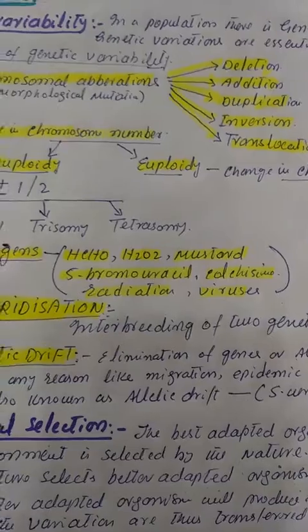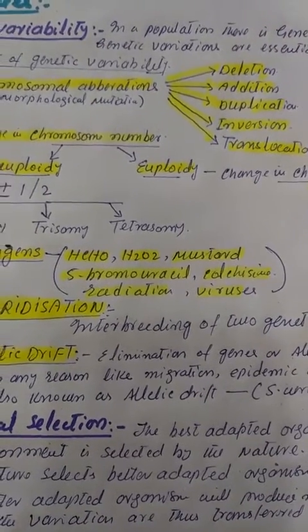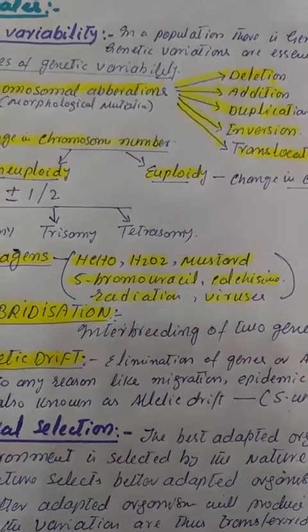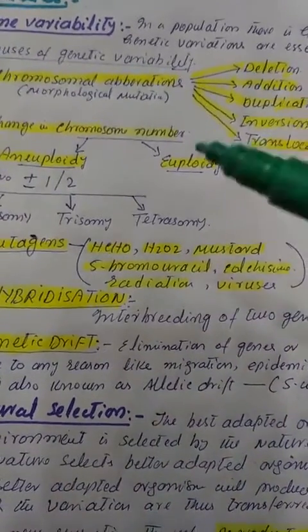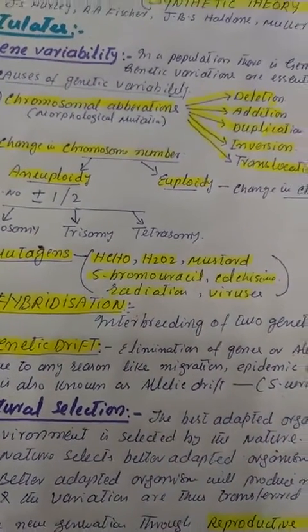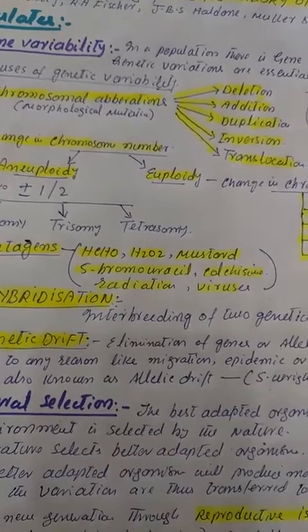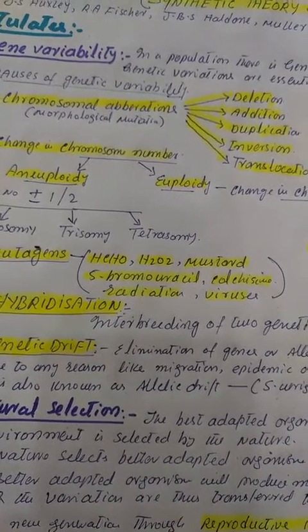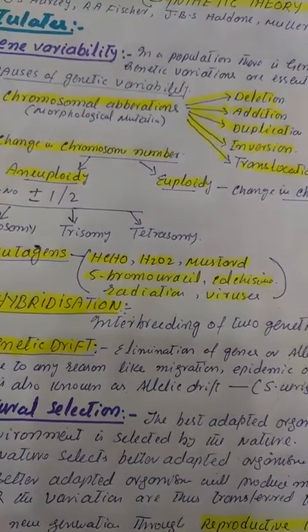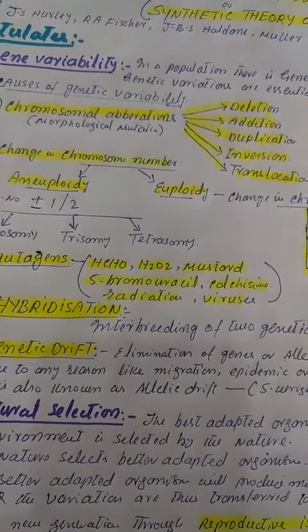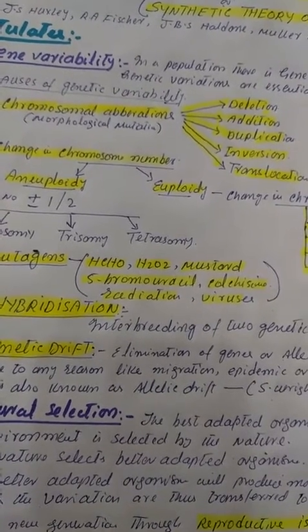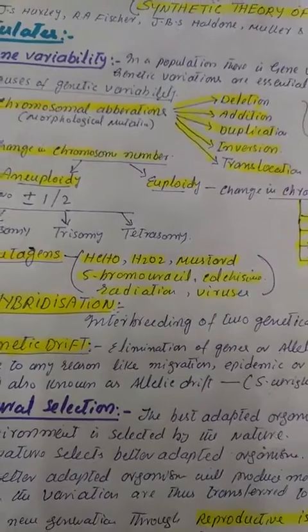Therefore, genetic drift is the elimination of genes of some original characteristics of a species. If this is due to migration, then it operates only in a smaller population which has migrated from its original habitat.